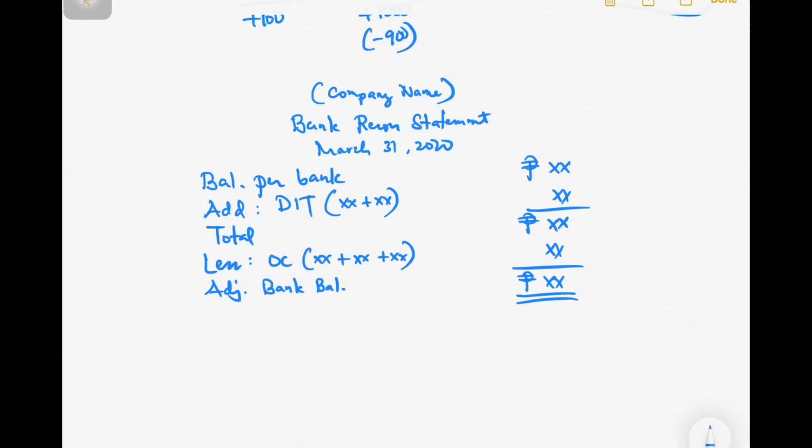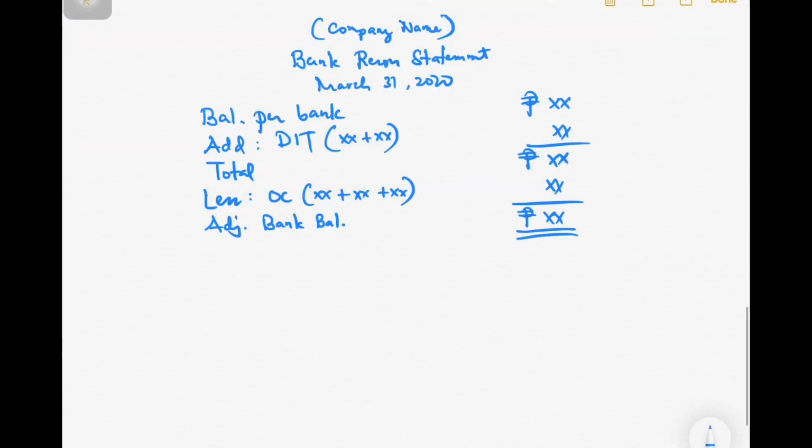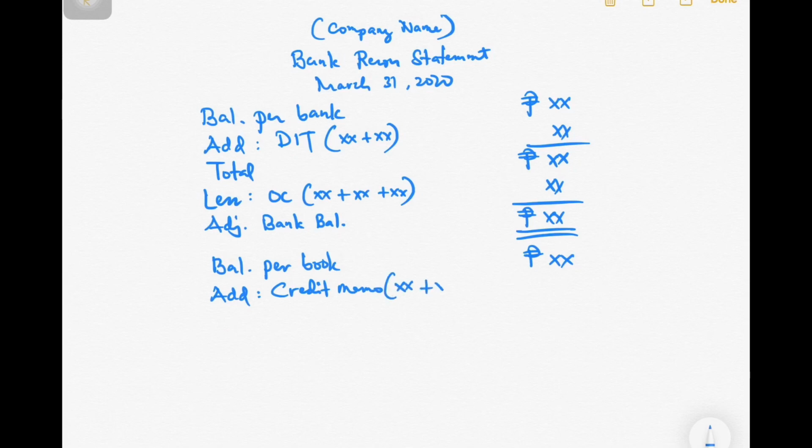This is bank. Now you do the books. Balance per books. Write the amount here. This is, by the way, the unadjusted. Then you will add your, this is BCD, right? Credit memo. And of course, you have things here. So you just add them. Let's say you have 2.